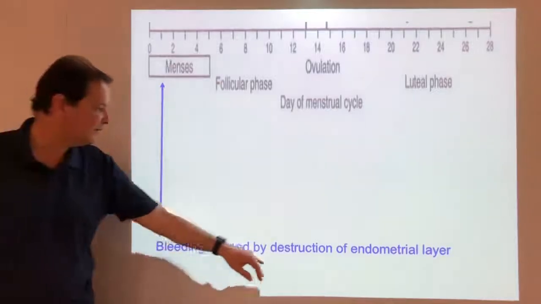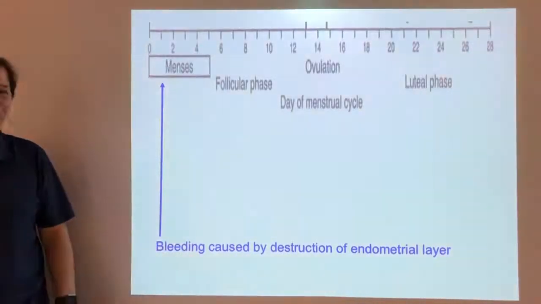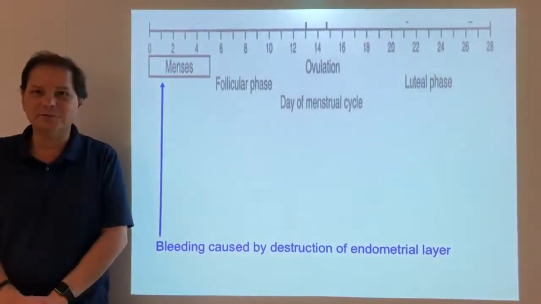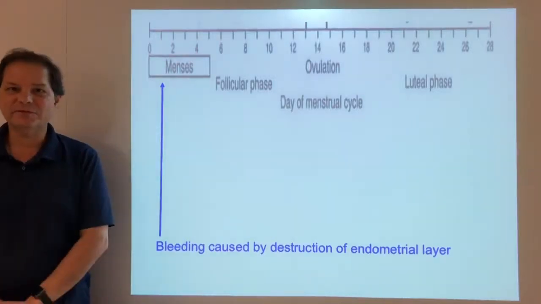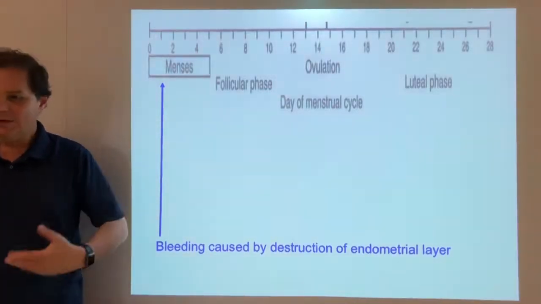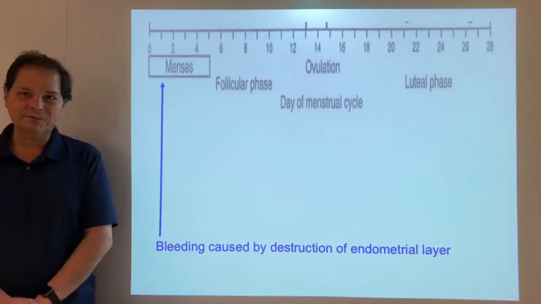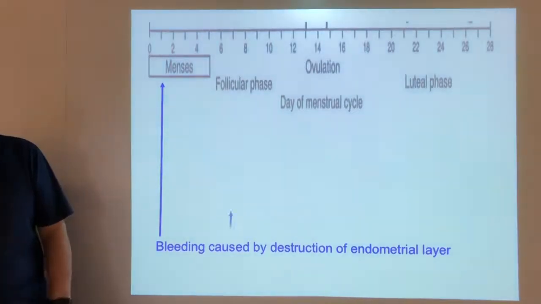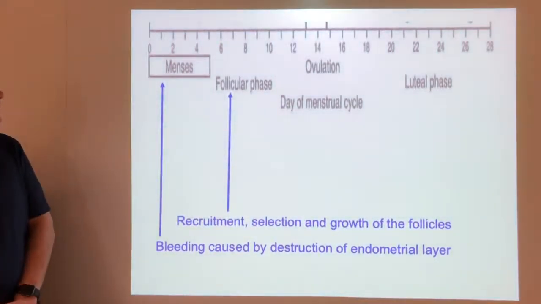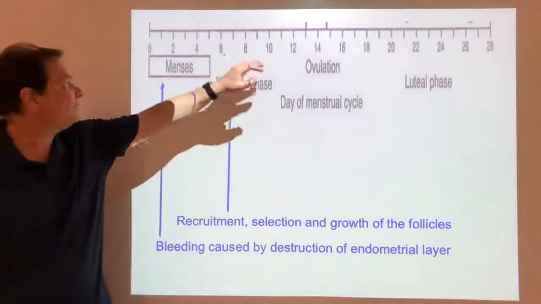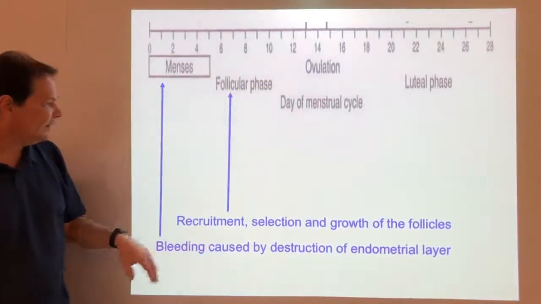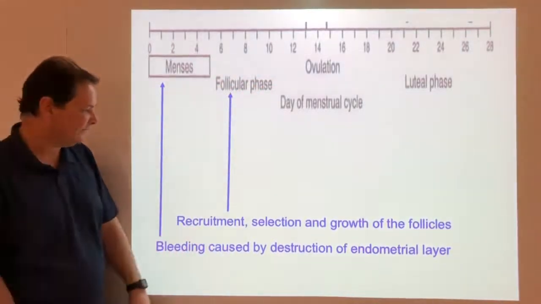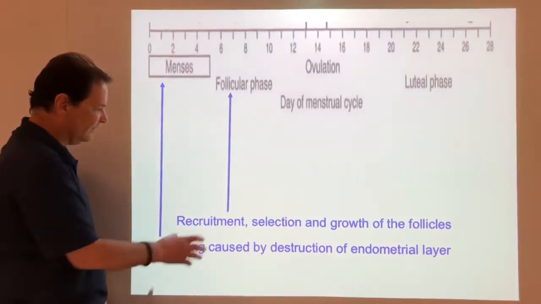So we have the menses part of the cycle. This is bleeding caused by the destruction of the endometrial layer, and again, this is built up during the luteal phase to sort of facilitate implantation and nutrition of a fertilized ovum should fertilization take place. This is followed by the follicular phase of the cycle. And we'll be talking a lot about this phase in the first half of the lesson.